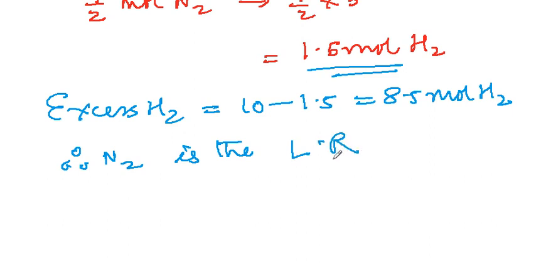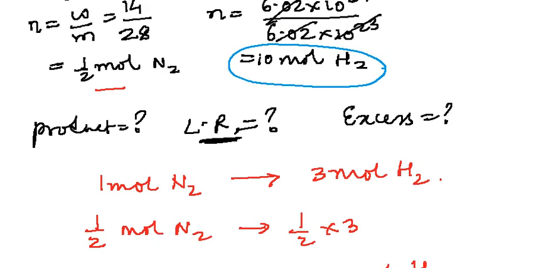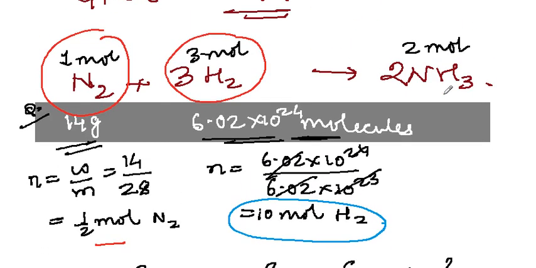Okay, now we also have to find, when nitrogen and hydrogen react with each other, it forms ammonia. So we have to find the amount of ammonia that can be formed if we take this much nitrogen and this much hydrogen.